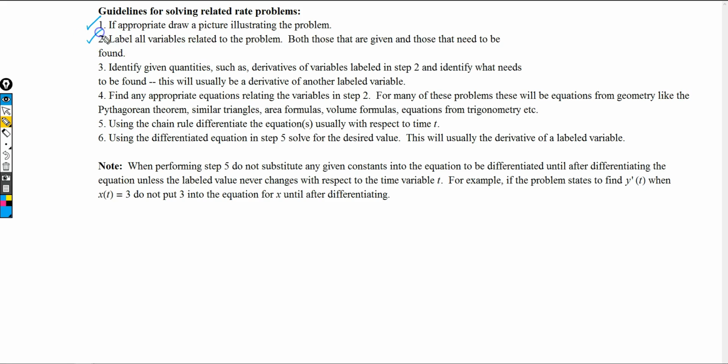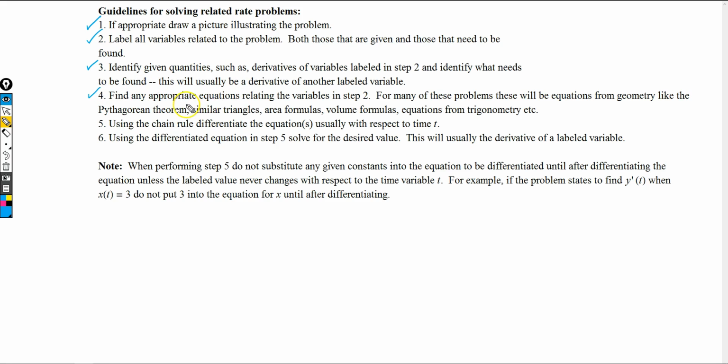Second, label all variables related to the problem in your illustration, both those that are given and those that need to be found. Then step 3, identify given quantities such as derivatives of variables that are labeled in step 2 and identify what needs to be found. This will usually be a derivative of one of the other labeled variables.